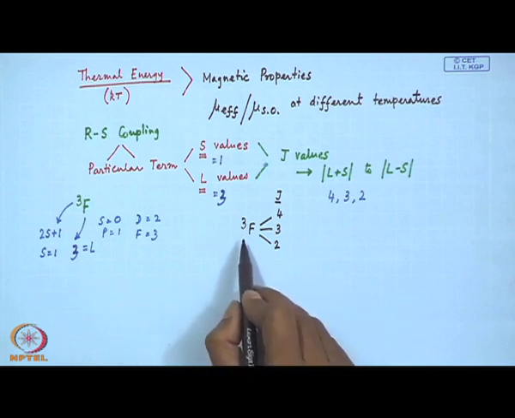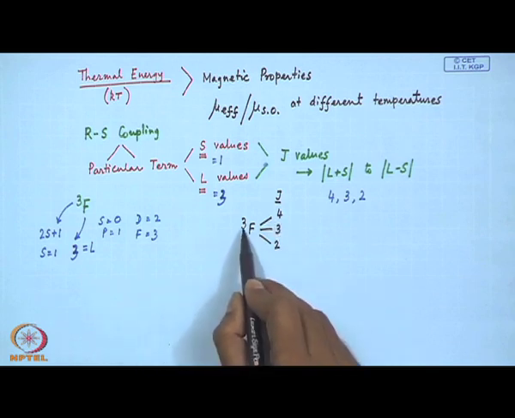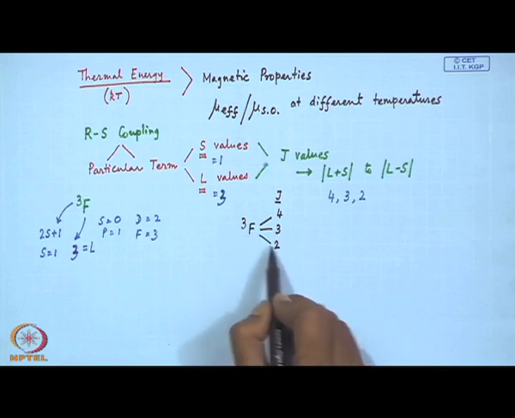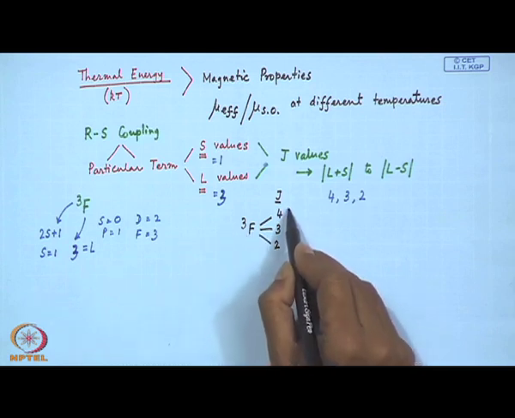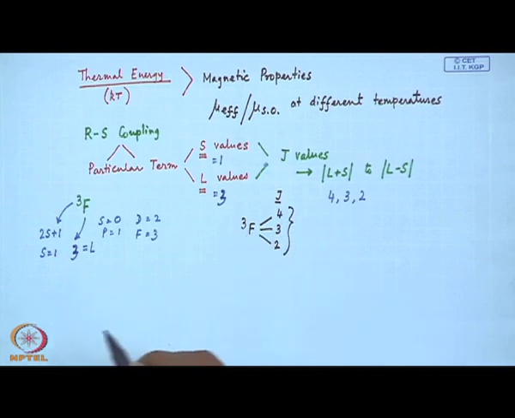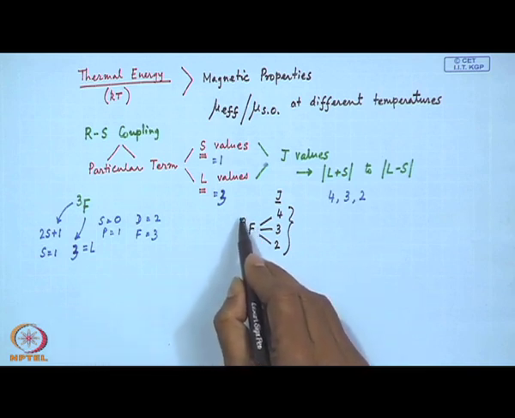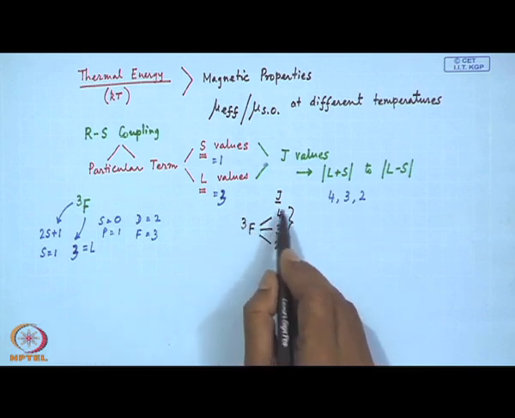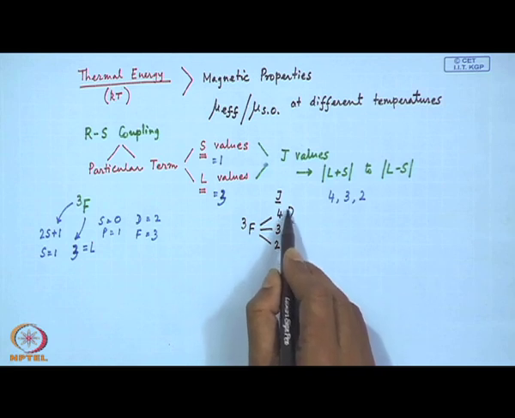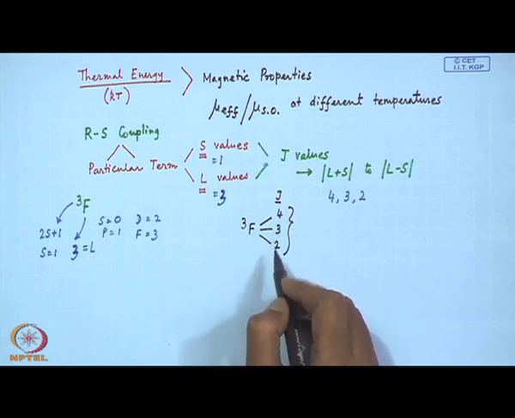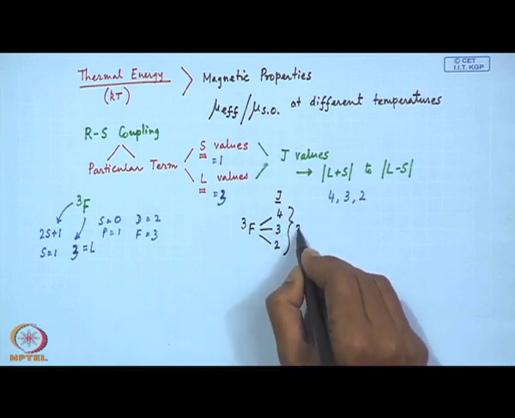So, we have a level 3F4, then 3F3 and 3F2. When these 3 levels belong to this 3F term and there is no such splitting, we consider this a multiplet.